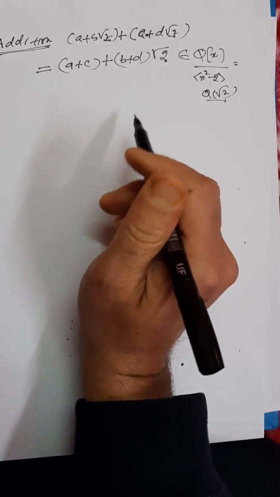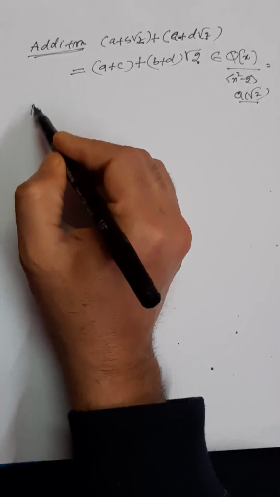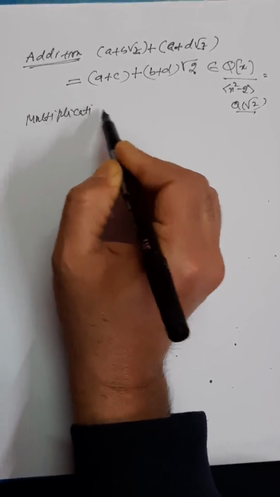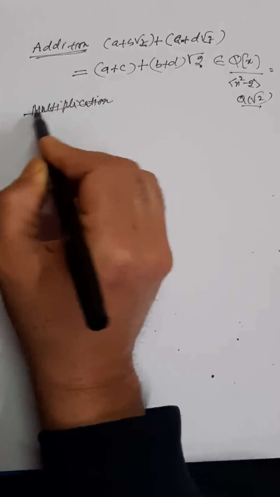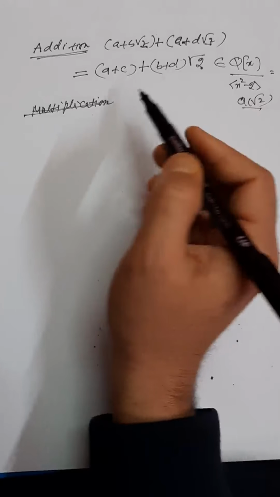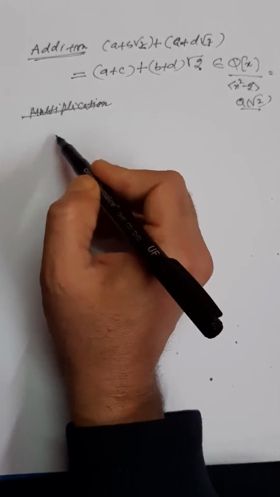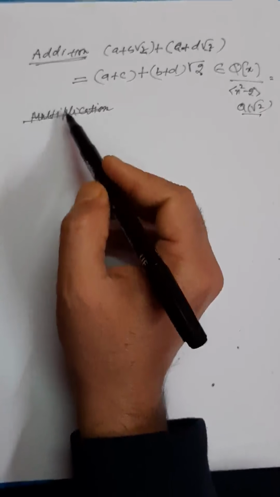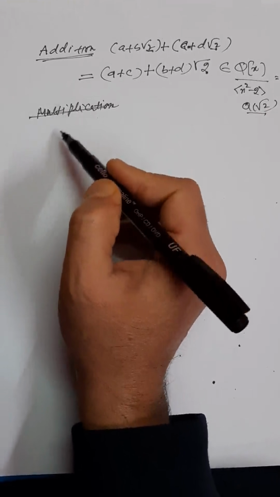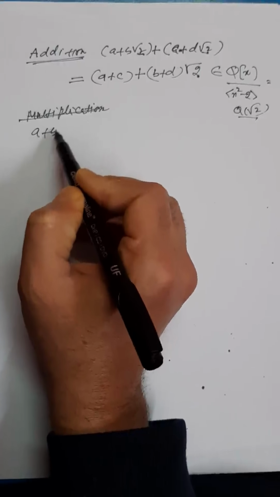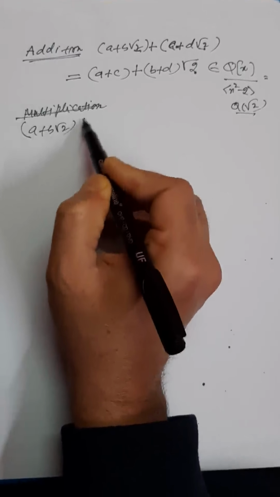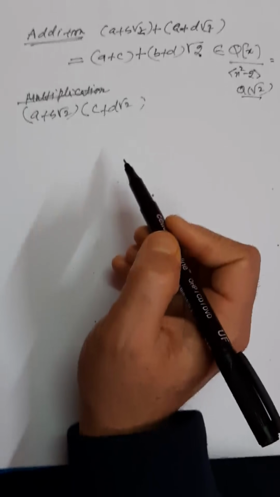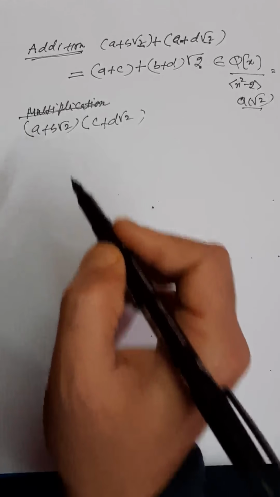And multiplication: how to multiply members? Just as we multiply polynomials, but we have to take care that the degree does not exceed the limit. So (a + b√2) multiplied with (c + d√2).